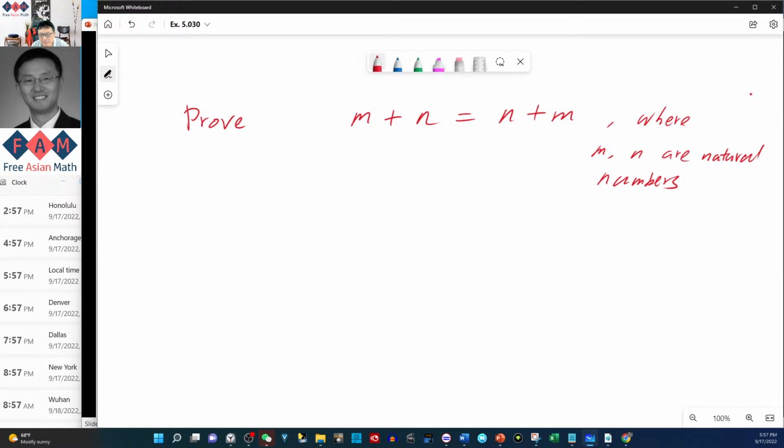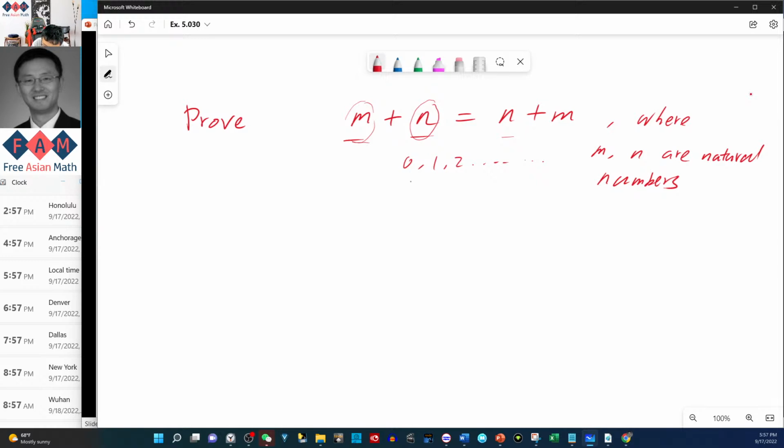Remember, in any mathematical induction, we start with the initial step. Because m and n are any natural numbers, we actually don't need to do anything with m. We just need to show for all the natural numbers, 0, 1, 2, 3, all the way, if this is true for any n, we will be finished, right?